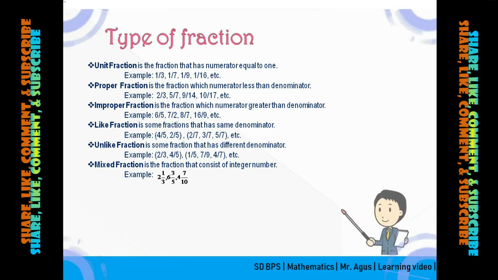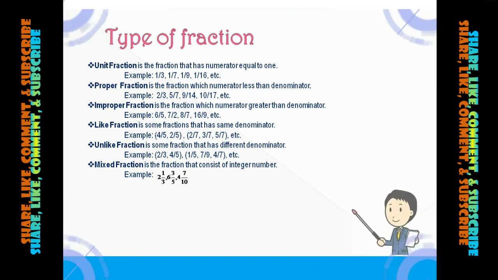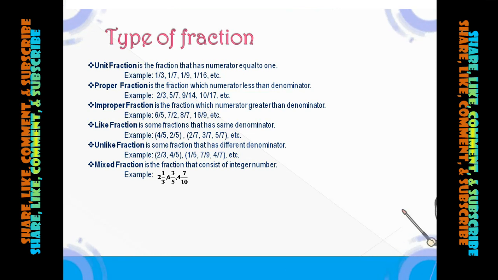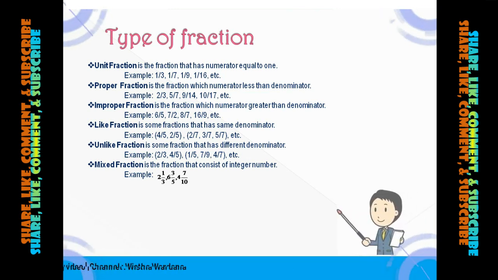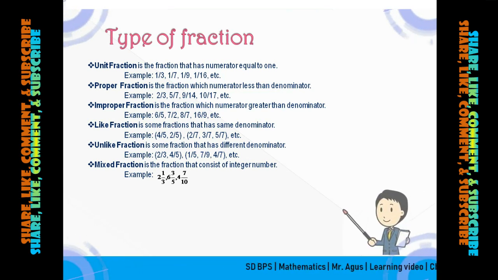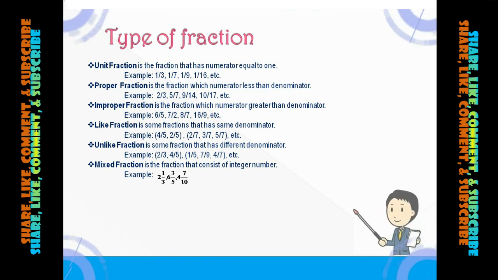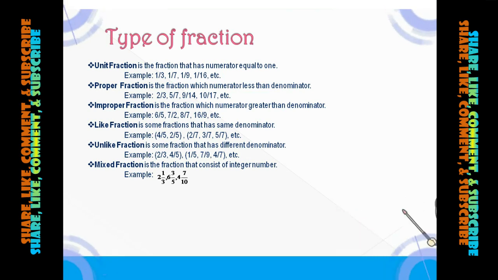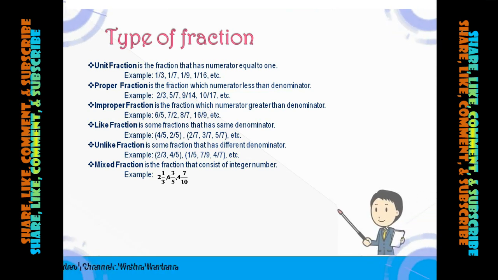The second type of fraction is proper fraction. Proper fraction is a fraction whose numerator is less than its denominator. For example, 2 per 3, 5 per 7, 9 per 14, 10 per 17, and so on. The third type is improper fraction.